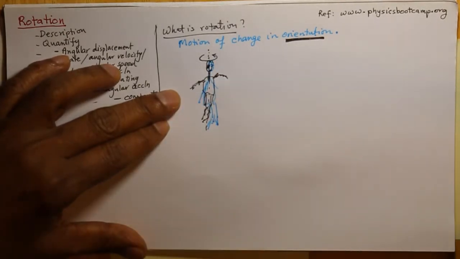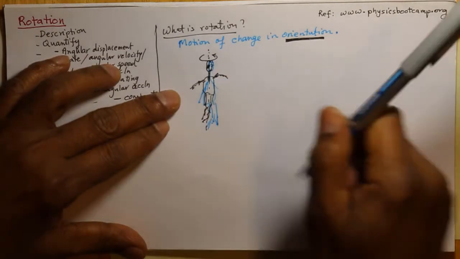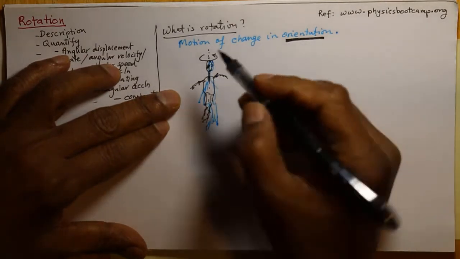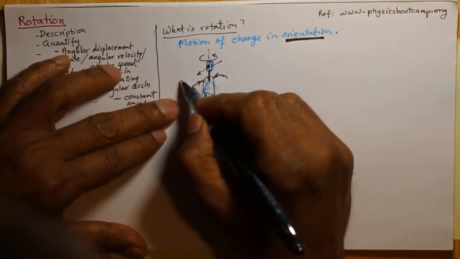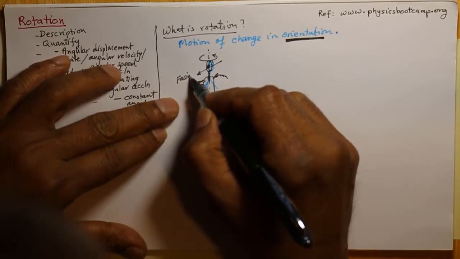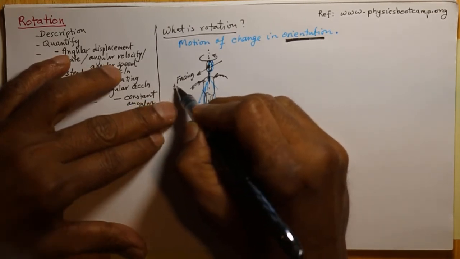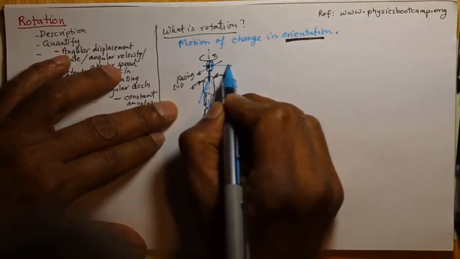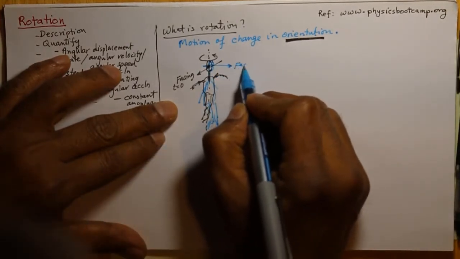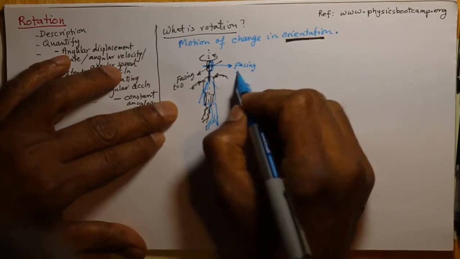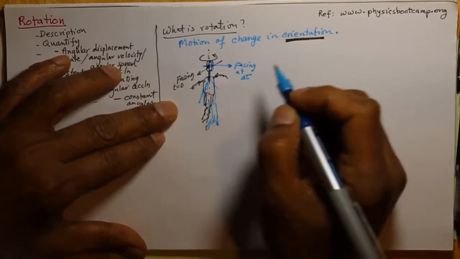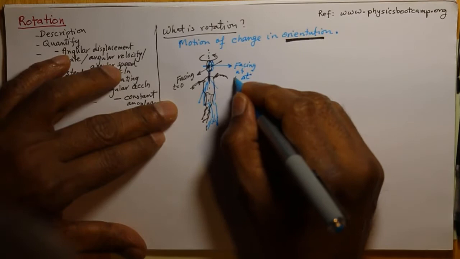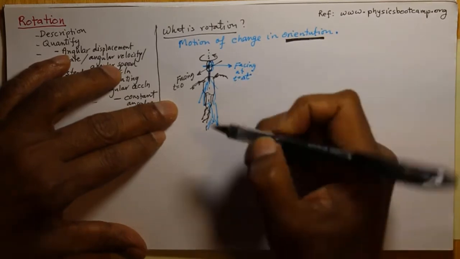So he was facing this way at, say, time 0, and a little bit later, at delta t, he's facing that way.